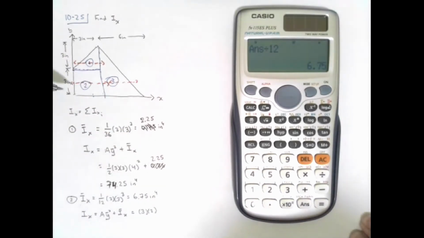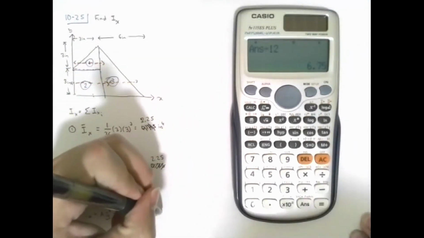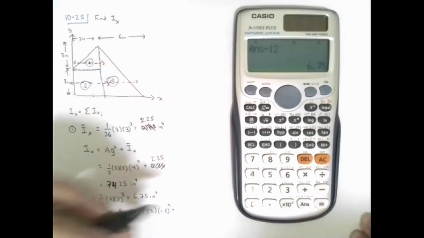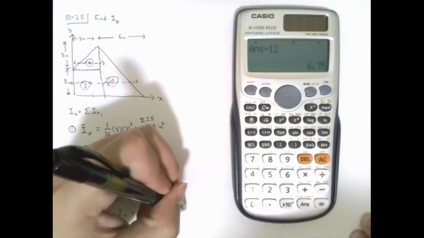And the centroid is located at 1.5 inches from the x-axis. Remember, the centroid of a rectangle is located at half of the distance of that rectangle. So that would be 1.5 inches. And to that, I add my centroidal moment of inertia of 6.75.